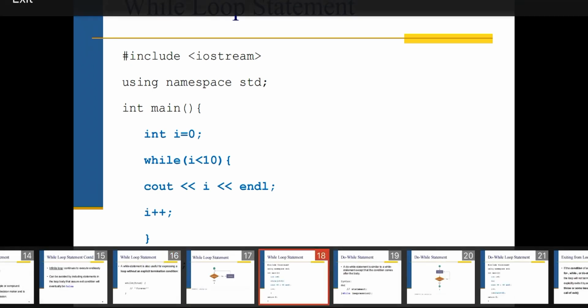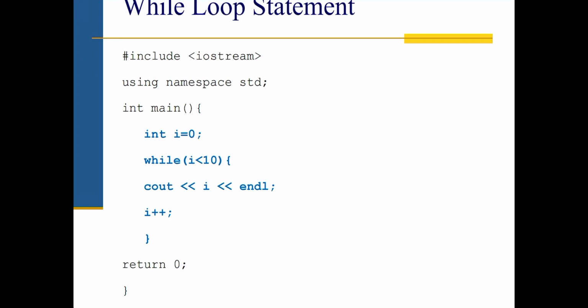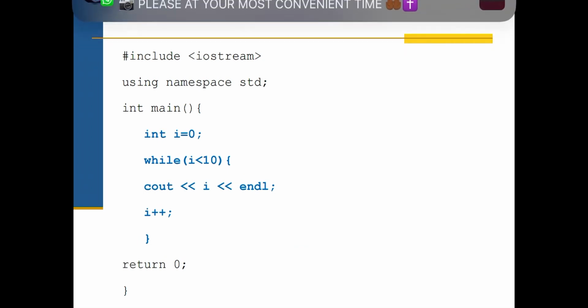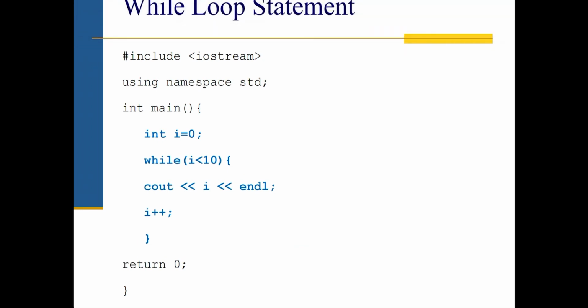But with the while loop, you do it separately. So when it is true, you cout i. Then after the cout i, it should add 1 to every number for you to get the next number until i is less than 10 or equal to 10.